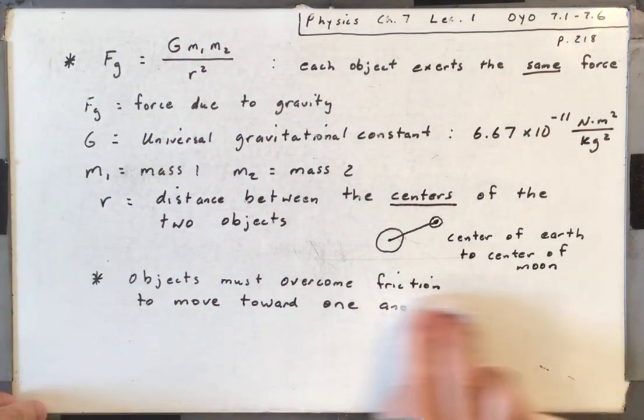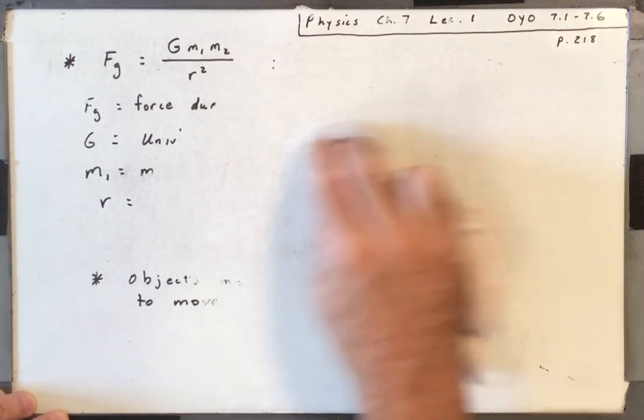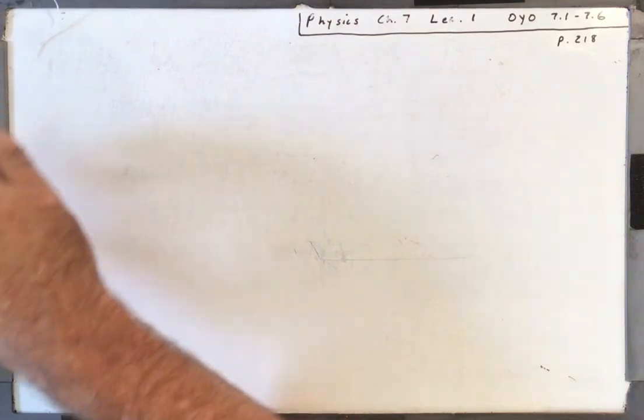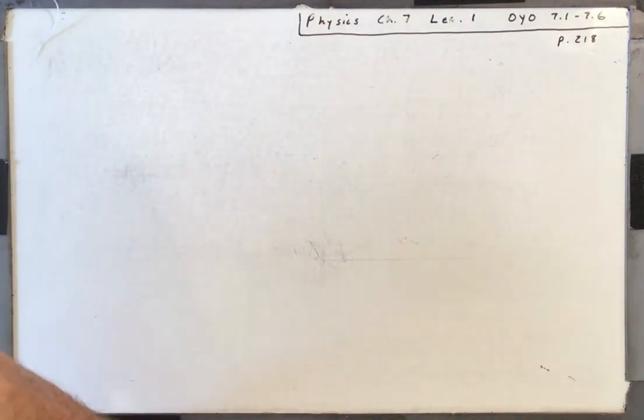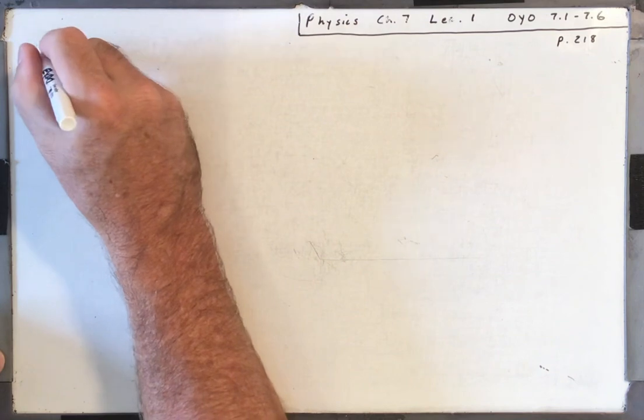Okay, so let's move on to page 3 of your notes. We've got a couple more problems to work and then we'll be done. So, going to do on your own 7.5. Let me go ahead and restate this equation.